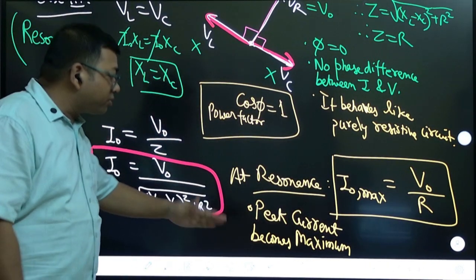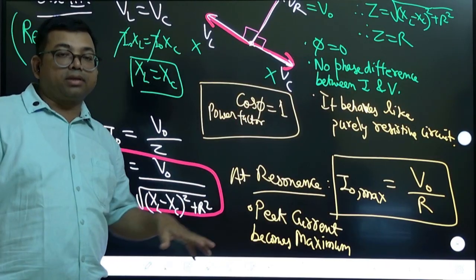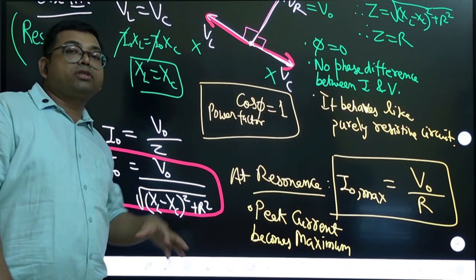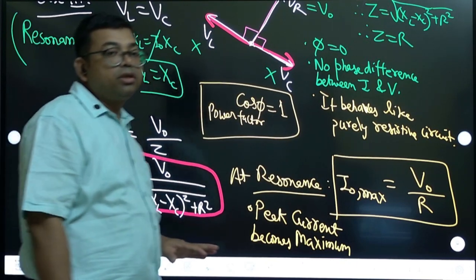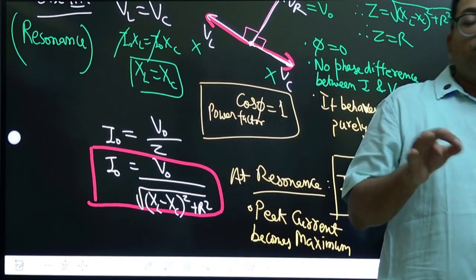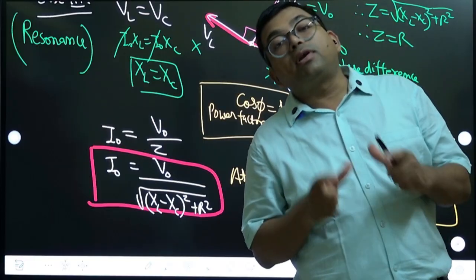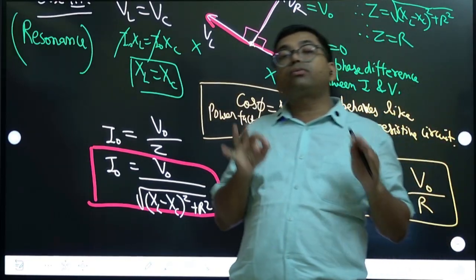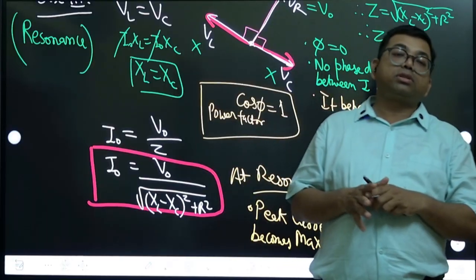Now the next topics connected to resonance are sharpness of resonance and quality factor. The most important is the derivation of the quality factor, which can definitely come in your board exam.